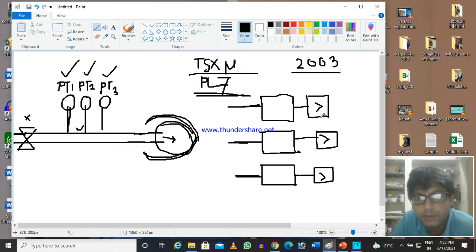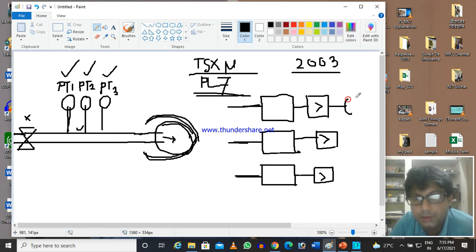That means there will be a set pressure, which is the desired pressure to inflate the silicon properly to get the mold shape. So that will be the set pressure for all these 3 blocks.